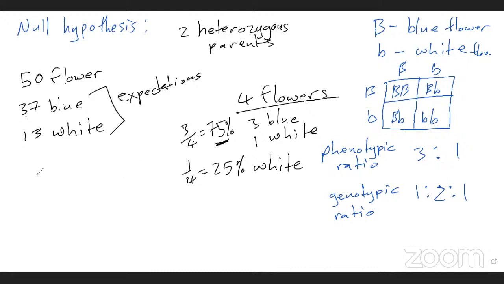Let us say we do the experiment now. Let's say you get 31 blue, and 19 white, because it's 50 in total.